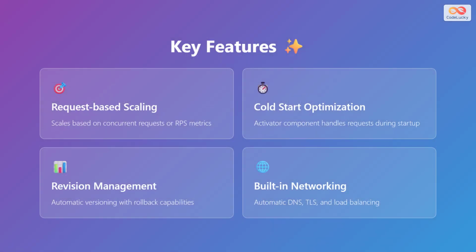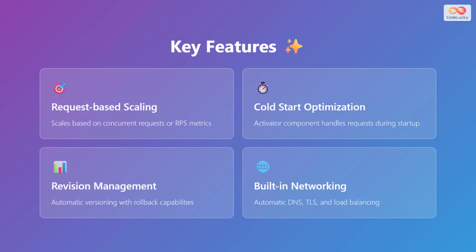Let's explore the key features that make Knative Serving powerful. First, request-based scaling means your application scales based on concurrent requests or requests per second metrics, ensuring optimal resource allocation. Second, cold start optimization is handled by the activator component, which queues requests during pod startup to prevent request loss.